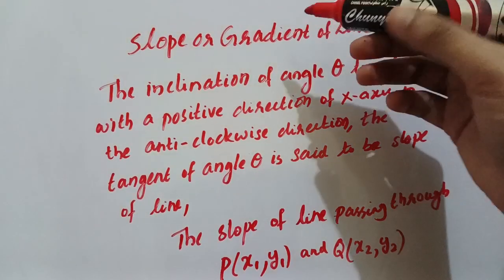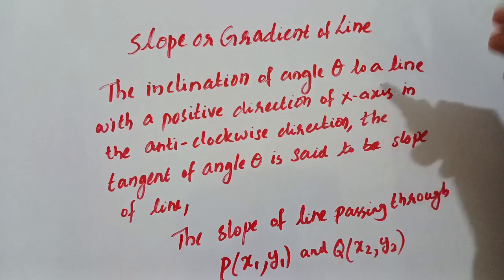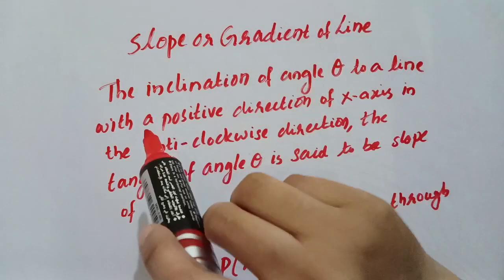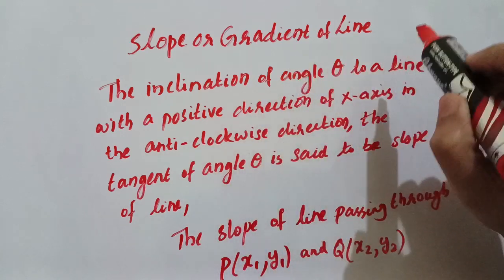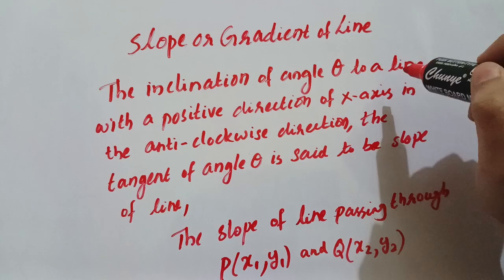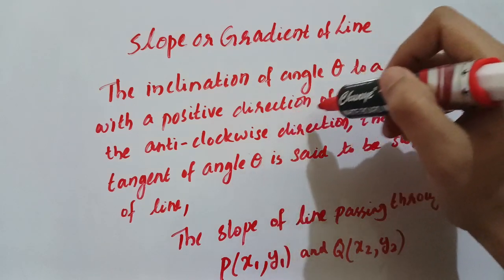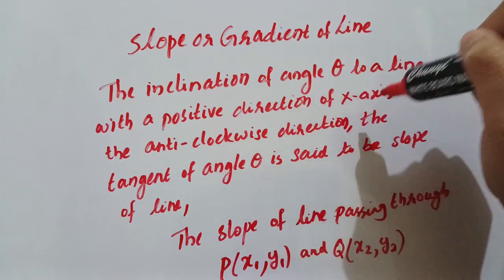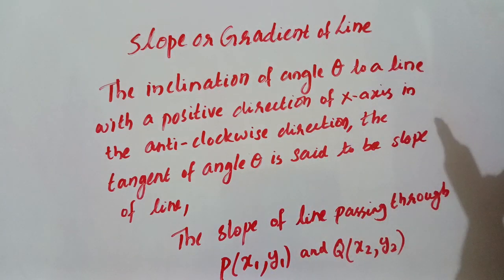Next topic is slope or gradient of a line. The definition for slope is the inclination of angle theta of a line with the positive direction of the x-axis in the anti-clockwise direction. The tangent of angle theta is said to be the slope of the line.